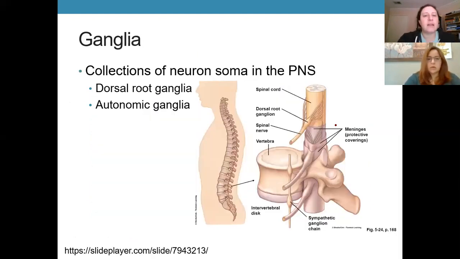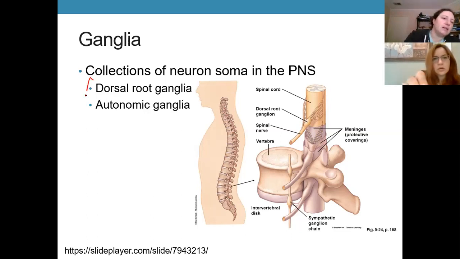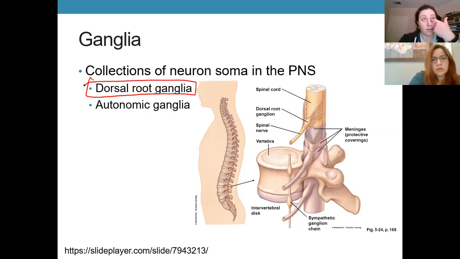So then the ganglion, as I said, are a bunch of cell bodies. And there's two locations that we see gray matter in the peripheral nervous system. So the dorsal root ganglia, which I don't remember if I mentioned when I went over the spinal cord, are located in the dorsal root of the spinal nerves as they come off of the spinal cord.